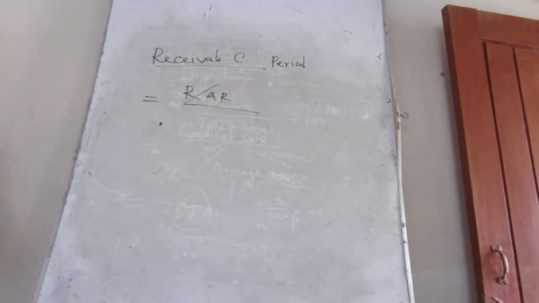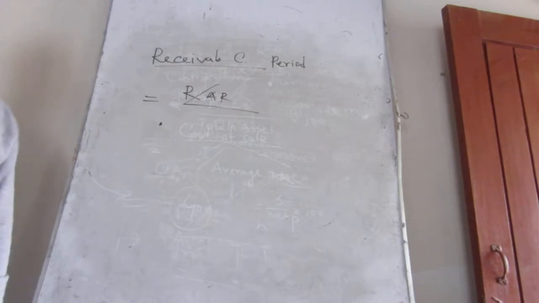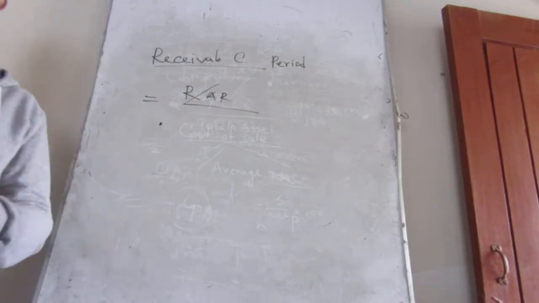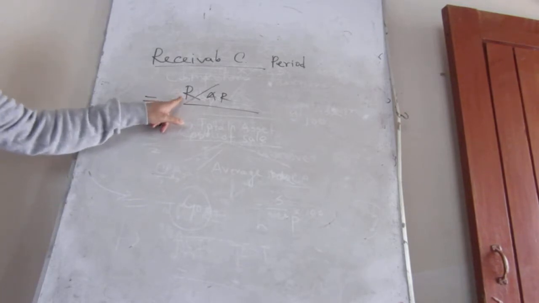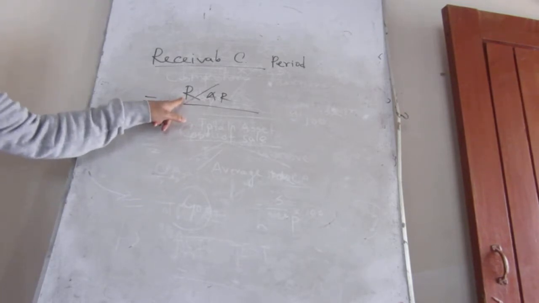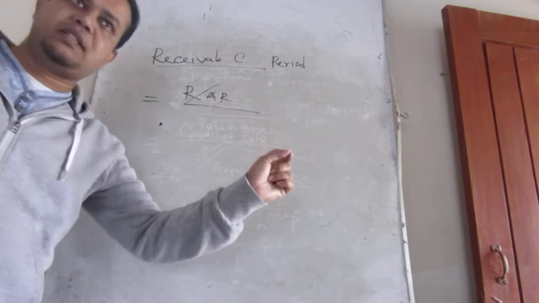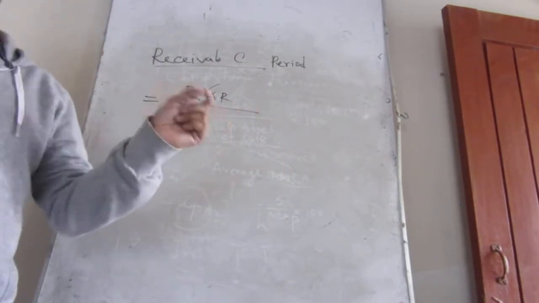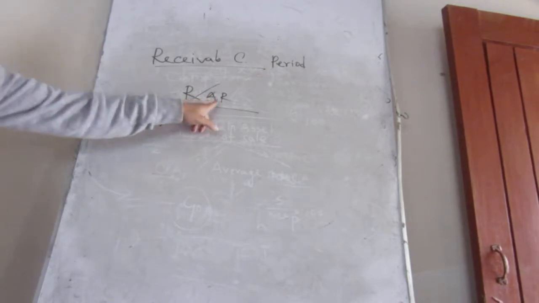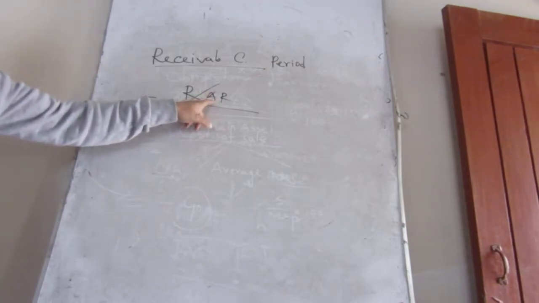That means if you are provided only a financial statement with the closing receivable or end part of the receivable, then it should be simple receivable. But if there is opening receivable as well as closing receivable, in that case you have to use average receivable.